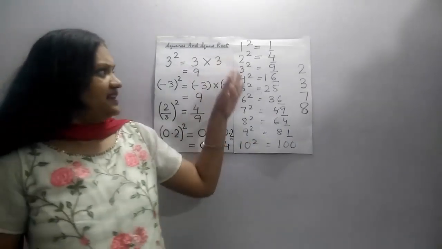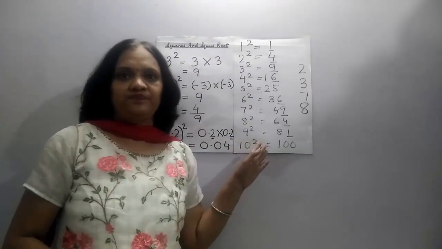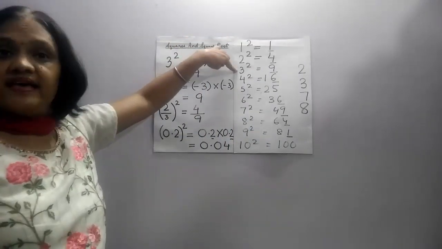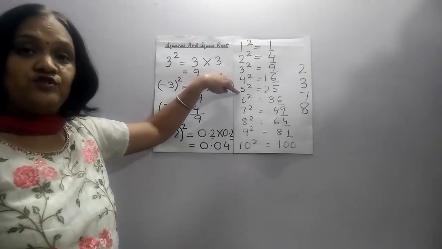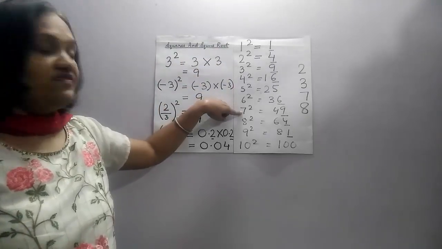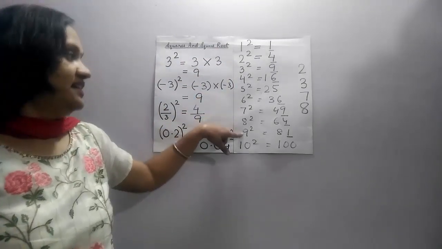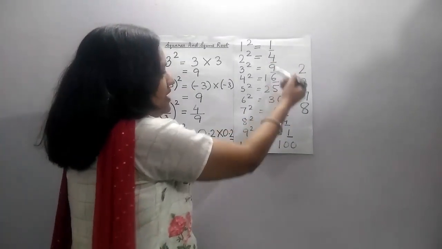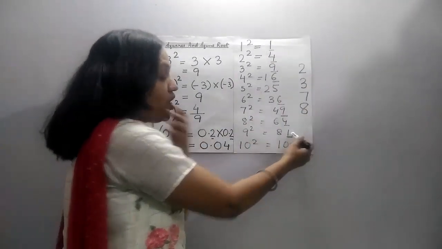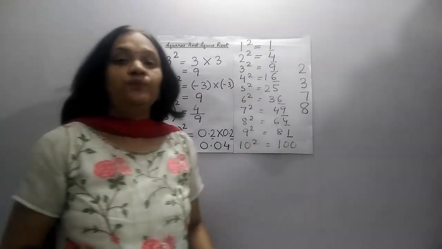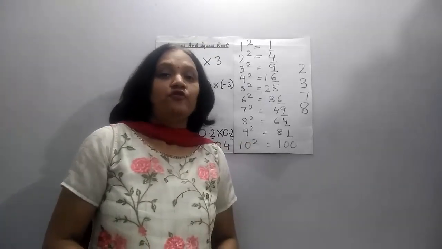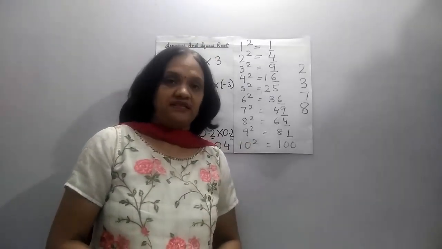Can you see any other property over here? Just see, 1 square is ending with a 1, 3 square is ending with 9, 5 square ending with 5, 7 square ending with 9 and 9 square ending with 1. These all numbers are odd numbers. So we come to understand another property for squares of numbers.